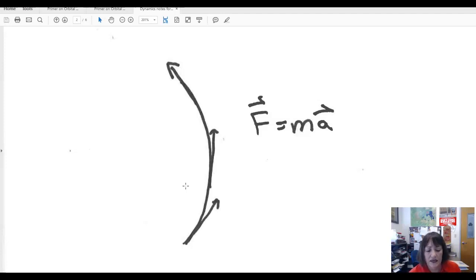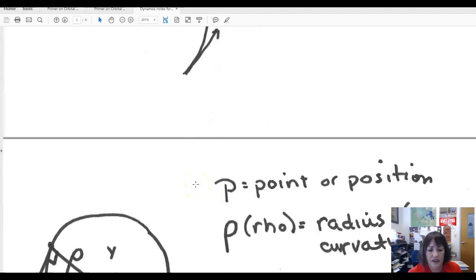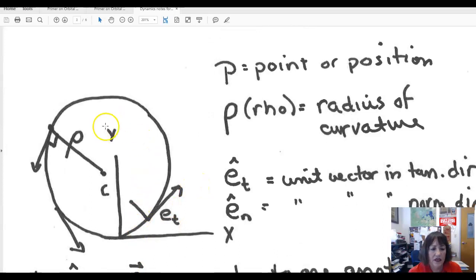So if we take a set of coordinates that are relative in the sense that, I've drawn a circle here, one of the components is tangential to the path of motion, and the other is directed from the instantaneous point or location of the object to the center of curvature, in this case a circle, but it doesn't have to be a circle.